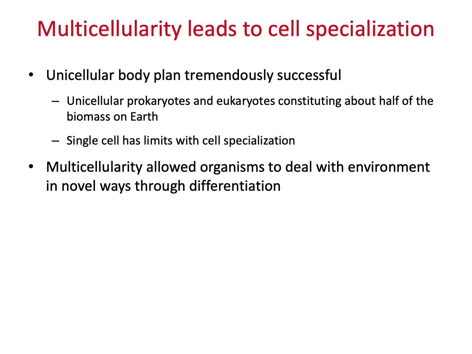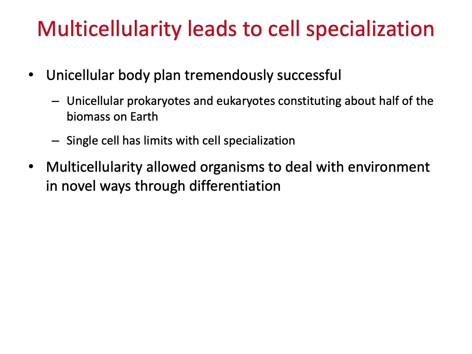And multicellularity leads to cell specialization and division of labor. The unicellular body plan is tremendously successful. Unicellular prokaryotes and eukaryotes constitute about half of the biomass on Earth. But a single cell has limits with cell specialization.